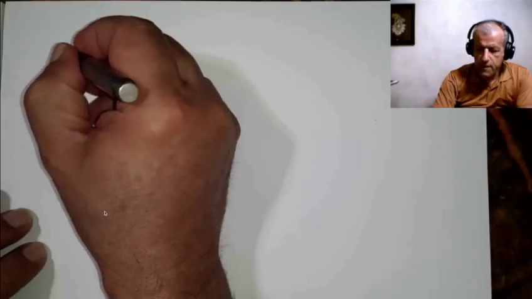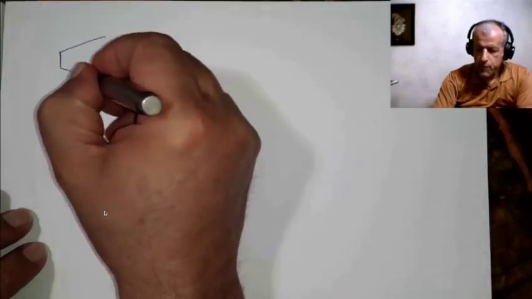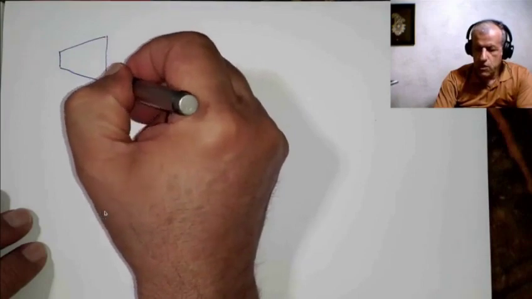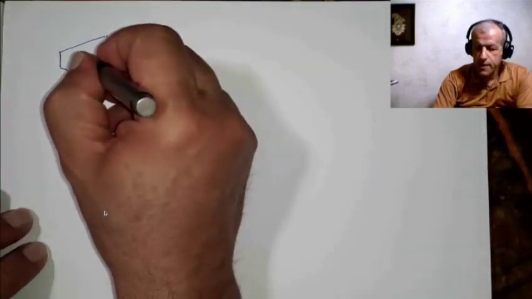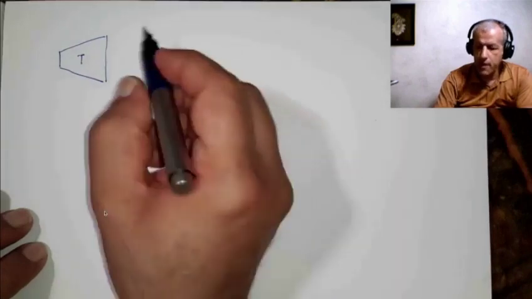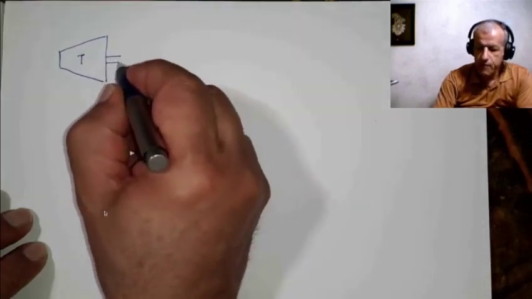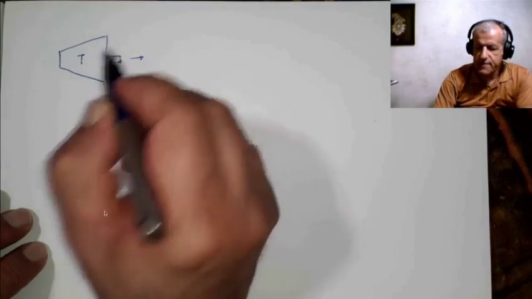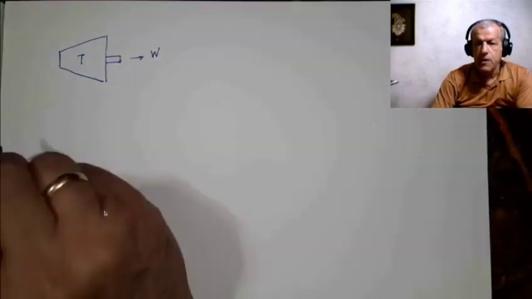Today, I solve an example just to show what a difference an adiabatic turbine makes. The question that I want to solve is: if you have a turbine, which we usually draw like this and call it a turbine, and then place a shaft that has work out of it.